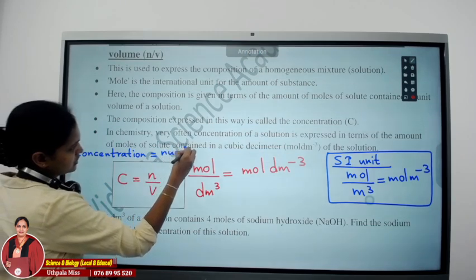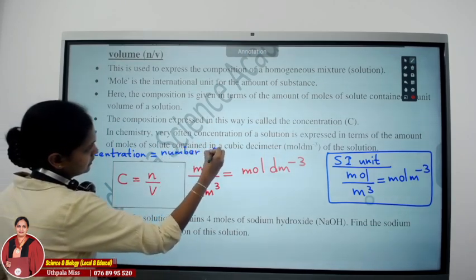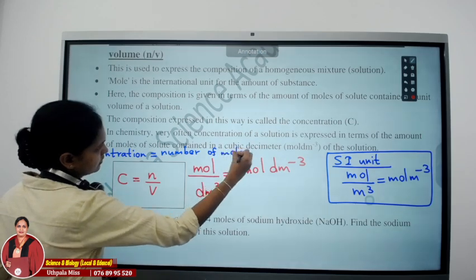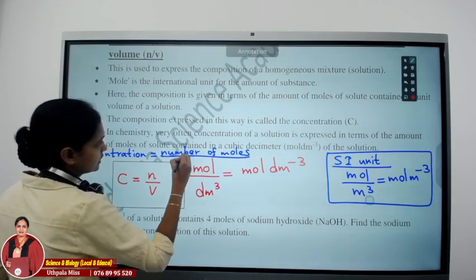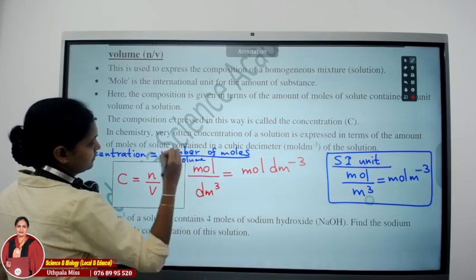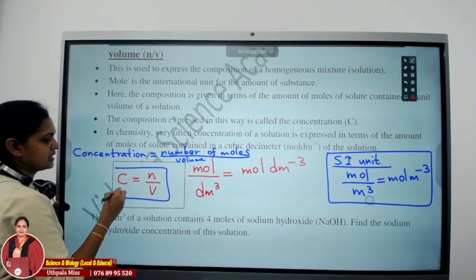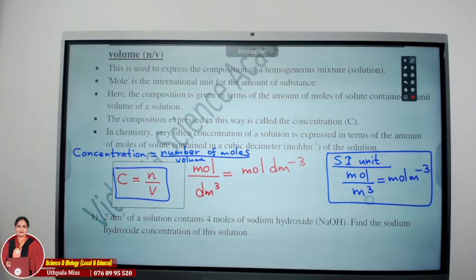This is what we have written in symbols, C equals N over V. So the unit becomes moles per cubic decimeter.